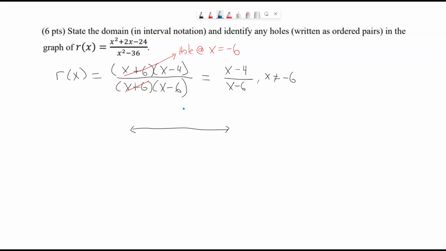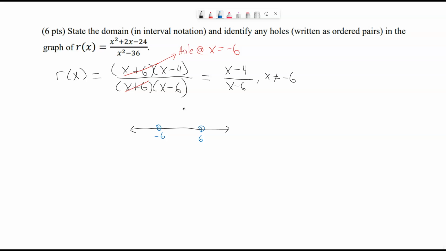We know there's a hole at negative 6. So here at negative 6, that value is not in the domain. And at positive 6, we would divide by 0. That value is not in the domain either.